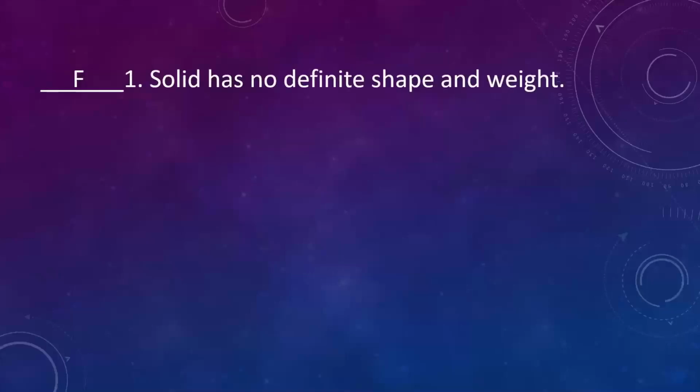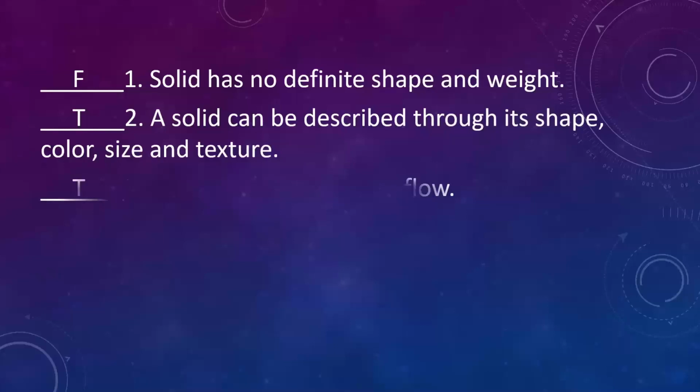What are your answers? Let's find out if they're correct. Number 1, solid has no definite shape and weight. It is false. Solid has definite shape and weight. Number 2, solid can be described through its shape, color, size, and texture.